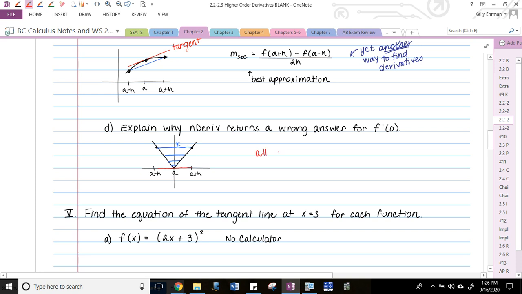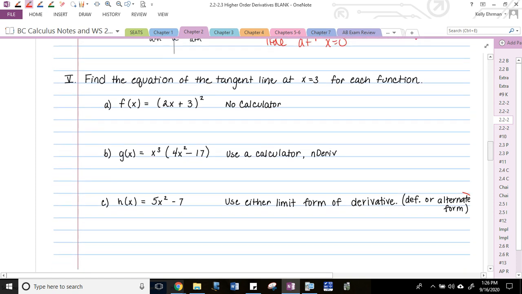The secant slopes equal 0, and they are parallel to the tangent line at x equals 0. So that's why it's getting it wrong.